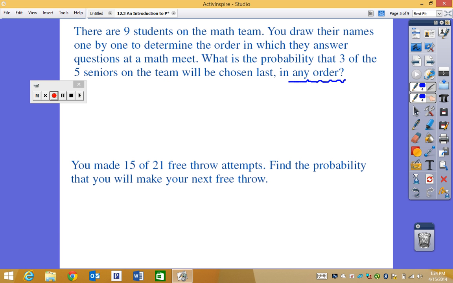So what I want first is 3 out of the 5 to be seniors. My combination means I have 5 seniors and I'm picking 3 of them, out of the total amount: there are 9 students on the math team and I am picking 3 of them. That gives me 11.9%.